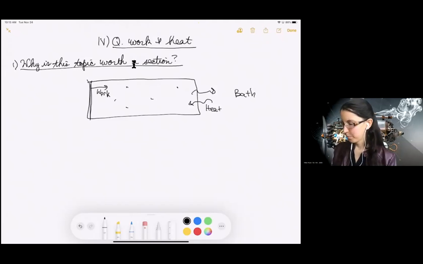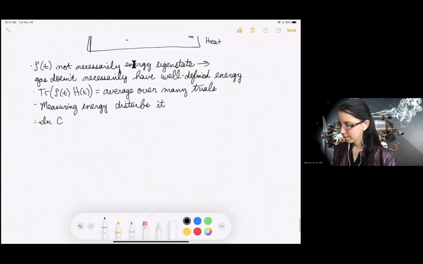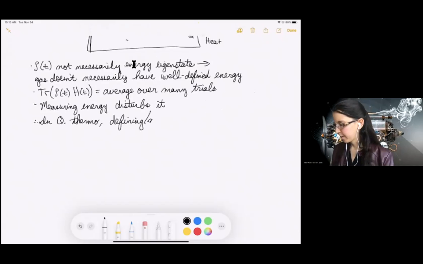Besides, measuring the energy disturbs the energy. So in quantum thermodynamics, defining and measuring quantum work and heat is non-trivial.